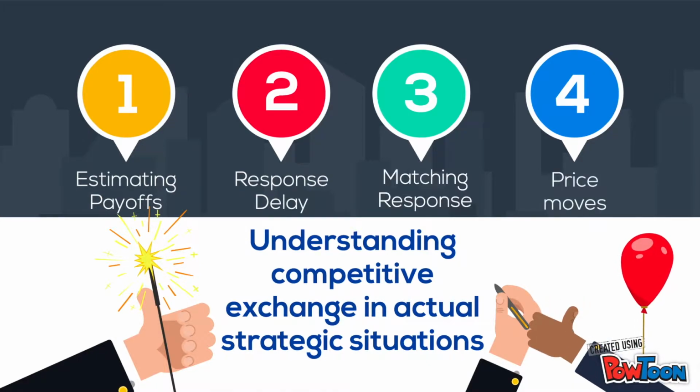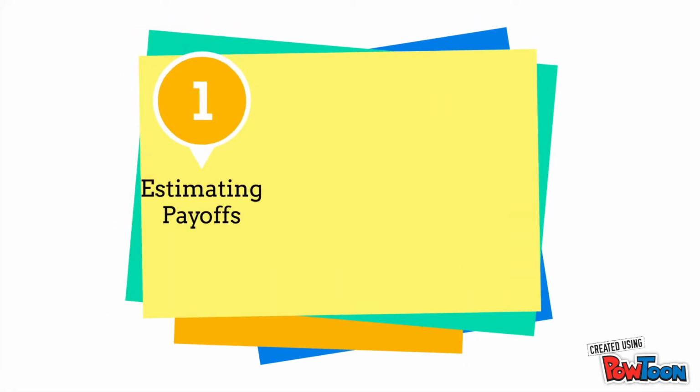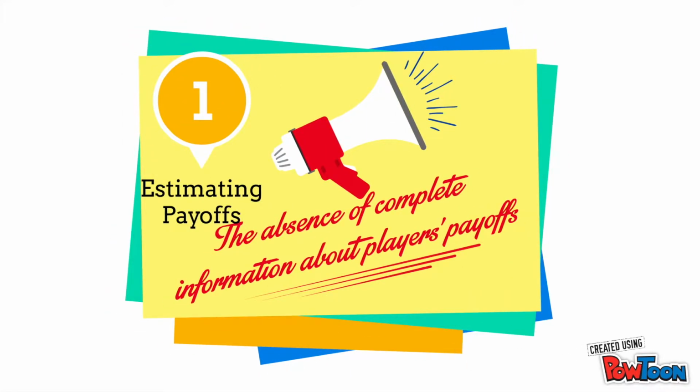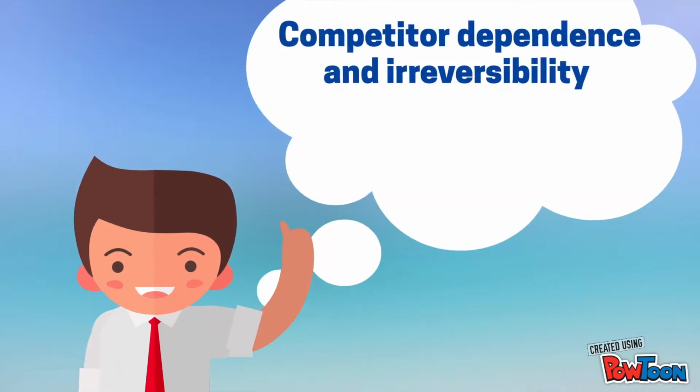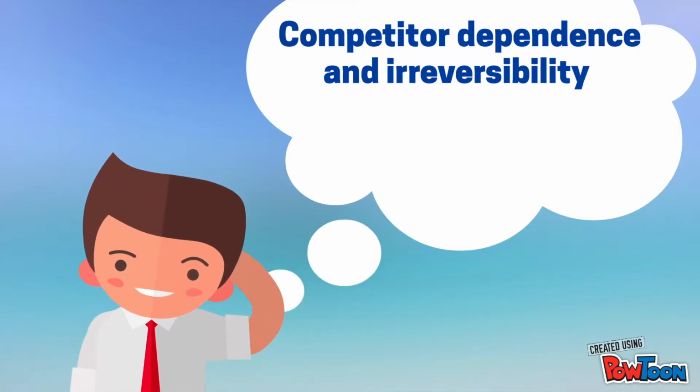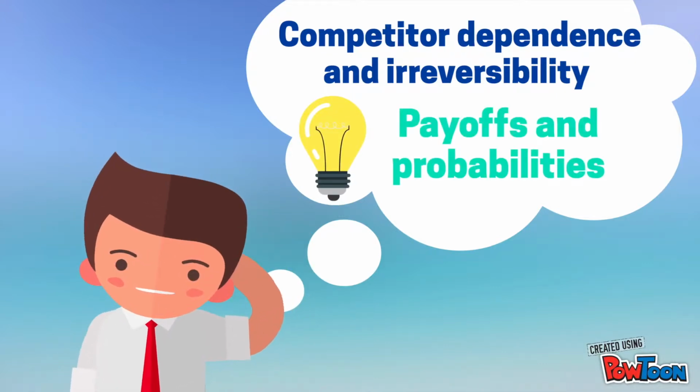Finally, price moves. Now, estimating payoffs. The authors developed the basic argument that in the absence of complete information about players' payoffs, competitor dependence and irreversibility of the competitive move are useful variables that can be used to indicate the payoffs and probabilities.